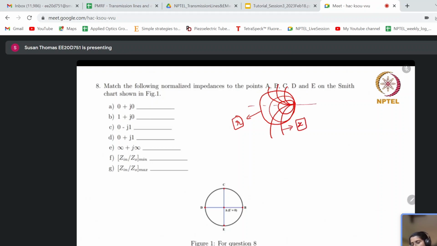You also know the upper portion is inductive reactance and the lower half of the Smith chart represents the capacitive reactance.